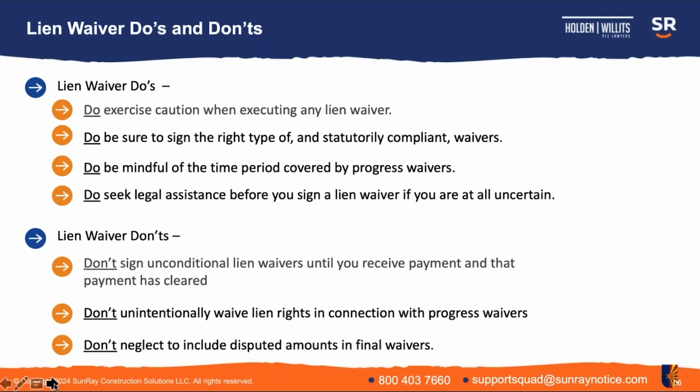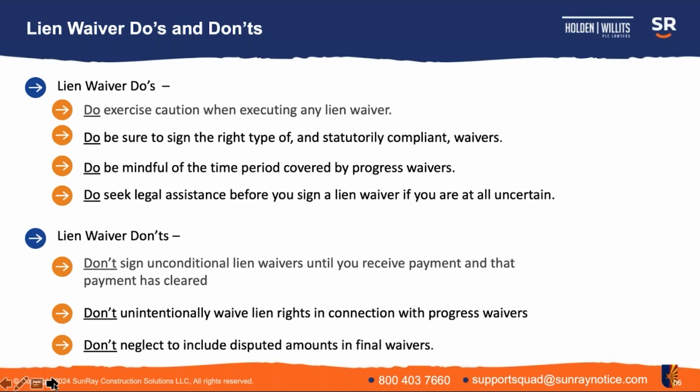So if the situation calls for a progress waiver, make sure you're using a progress waiver. If the situation calls for a conditional waiver, make sure you're using a conditional rather than an unconditional waiver. And make sure again that the waivers are statutorily compliant. I mentioned before that there are certain circumstances where you want to deviate from the statute.